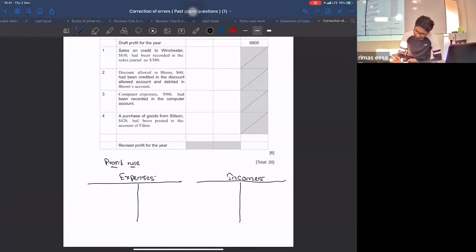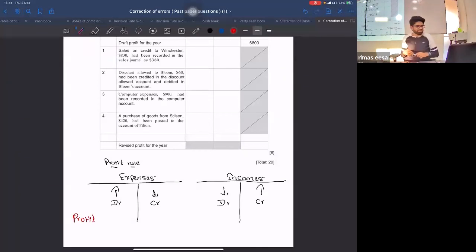Incomes. You have learned it. Expenses increases debit, decreases credit when it comes to incomes. Everyone knows this rule, right? Expenses increase debit, decrease credit. Incomes increase credit, decrease debit. But I am trying to teach you the profit rule. Now let me come to the profit part.